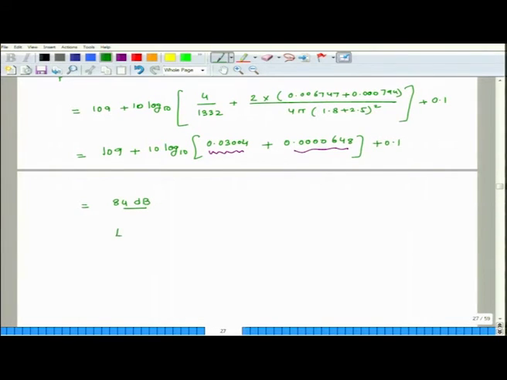So LP without barrier was how much? 92.3 decibels, and LP with barrier is how much? It is 84 decibels.